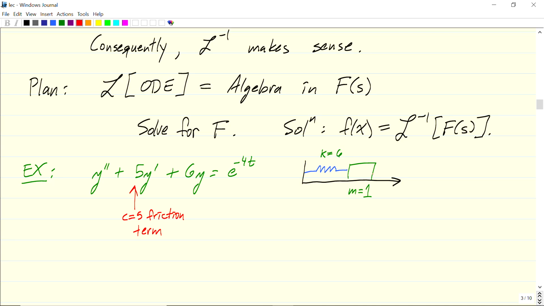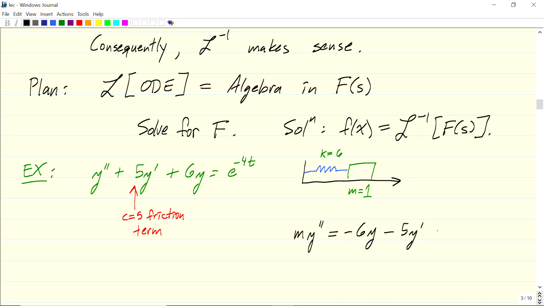Right, so if I was going to write Newton's laws of motion here, I would have m y double prime equals the net force on this thing. The minus 6y would be the Hooke's law, the force from the spring. Minus 5y prime would be the force due to friction, which is in the opposite direction from the direction of motion.